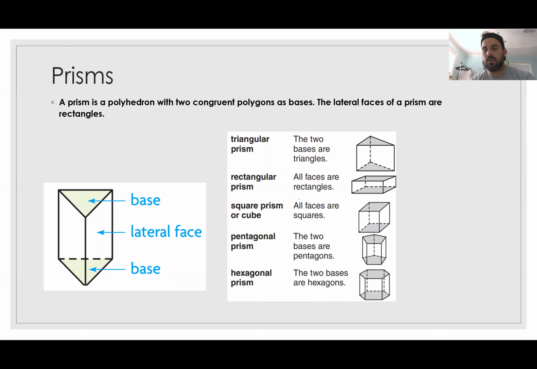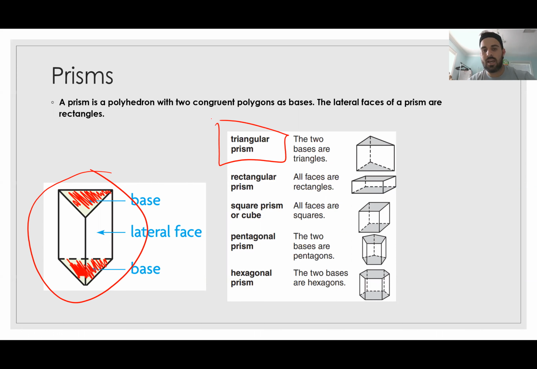The main thing you want to notice when identifying is how many faces it has. If you look at this prism, this base right here is a triangle, and the bottom one is another triangle. The fact that it has two polygons, two triangles, makes it a prism. In this case, I would identify this 3D shape as a triangular prism because it has two bases that are triangle shaped.